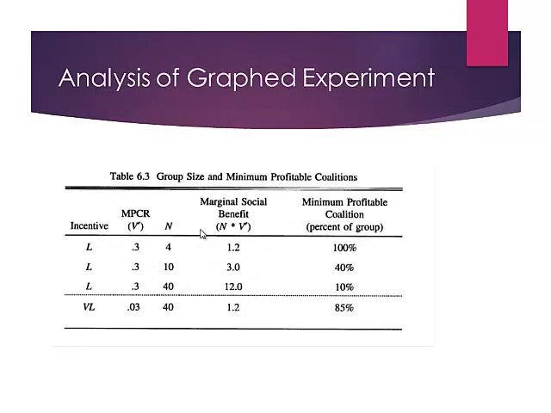So here's the analysis of the graphed experiment. So with the incentive of 0.3, which is the L condition, and group size of 4, 10 and 40, the marginal social benefit is 1.2.